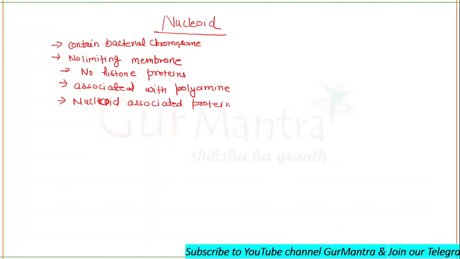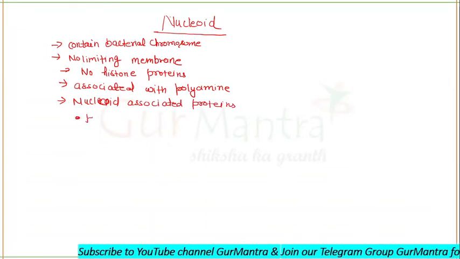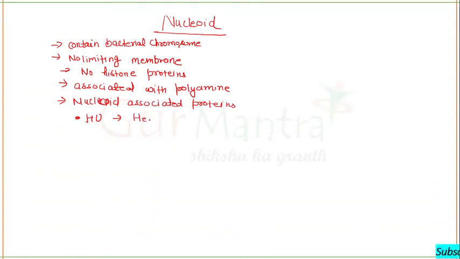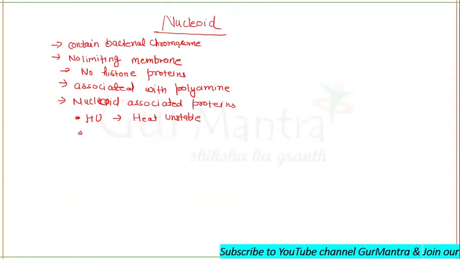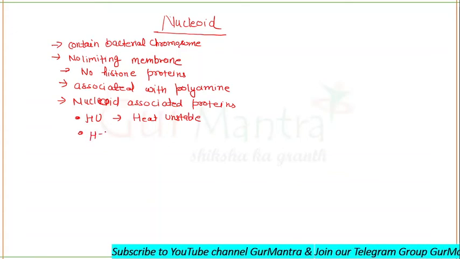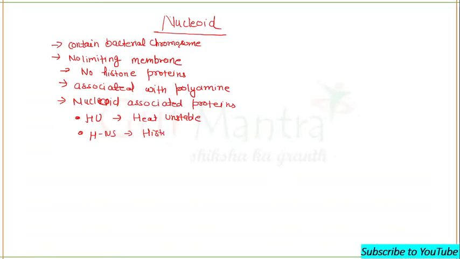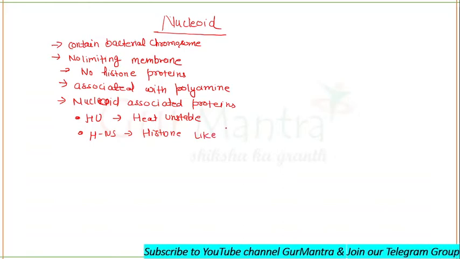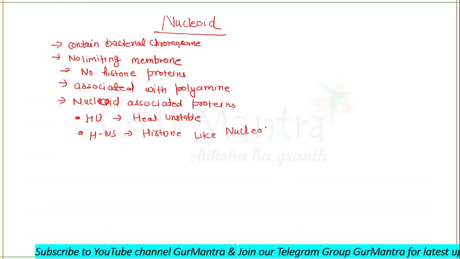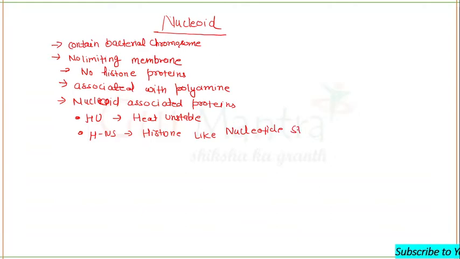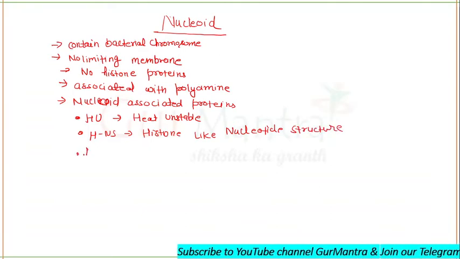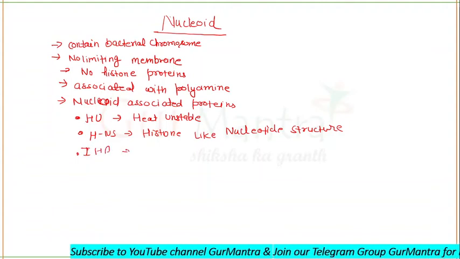Have you heard about HU? HU indicates heat unstable. Then comes H-NS, which means histone-like nucleoid structuring protein. Then next comes IHF, and IHF stands for integration host factor.